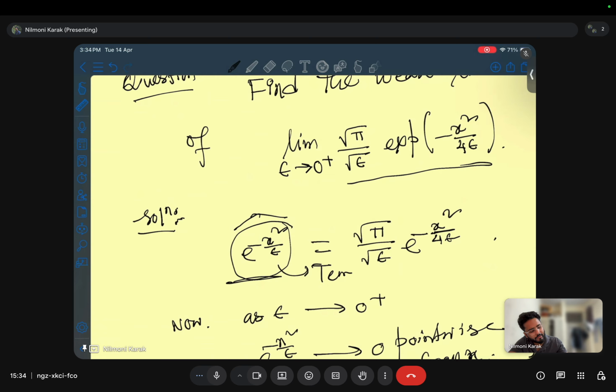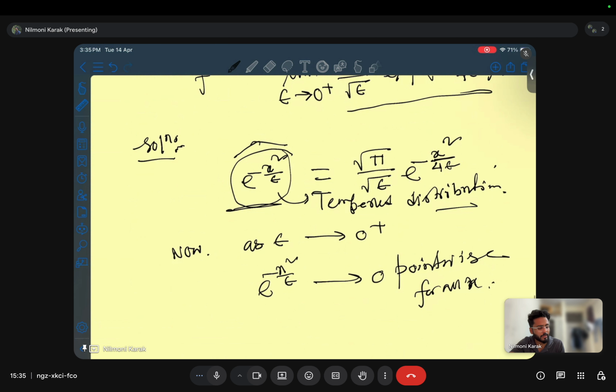Why? Because this is vanishing at plus and minus infinity, and also this is in L infinity(R), so that is why this is a tempered distribution.